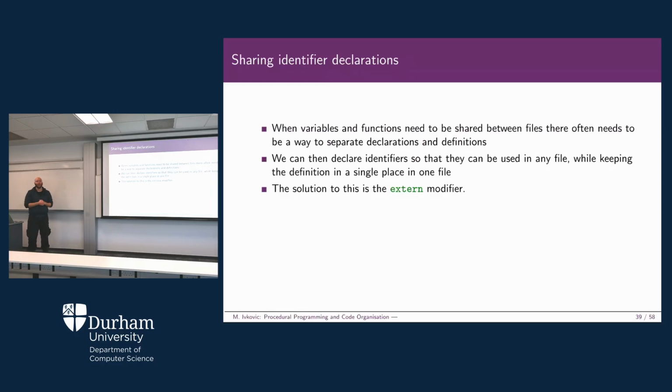For example, if file A needs something from file B, while file B also needs something from file A, then including those things is going to get a little tricky, right? So to this end, we can get some help with the extern modifier, and this helps us declare things so that they can be used in any file, while keeping the definition in a single place.